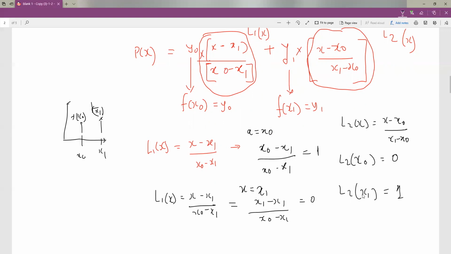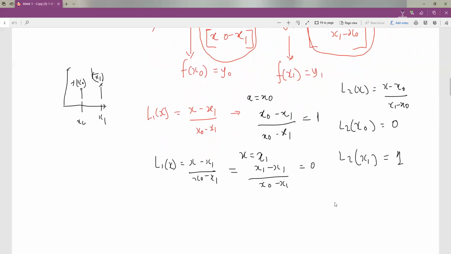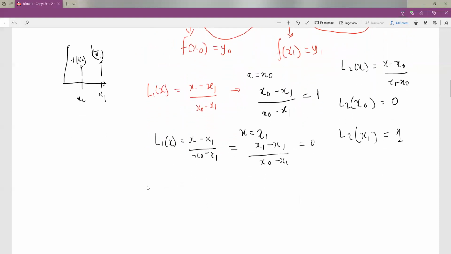So this kind of property is definitely going to help us: the Lagrange interpolating coefficients give us unit value at one point and 0 value at the other point.